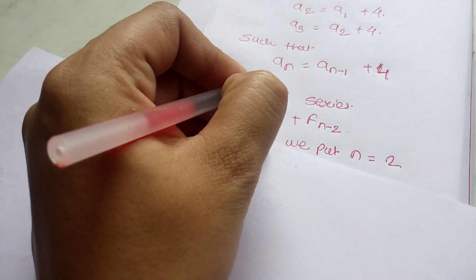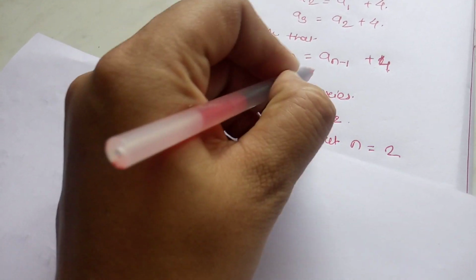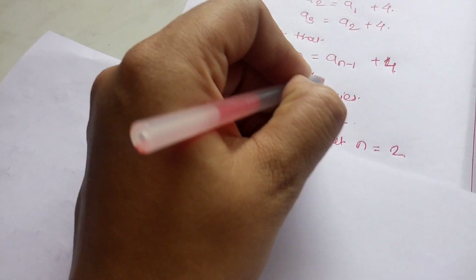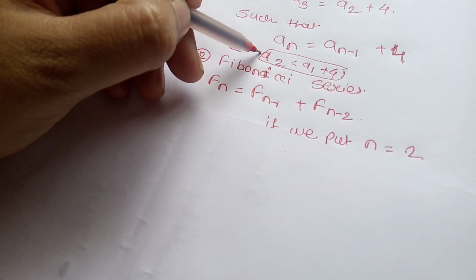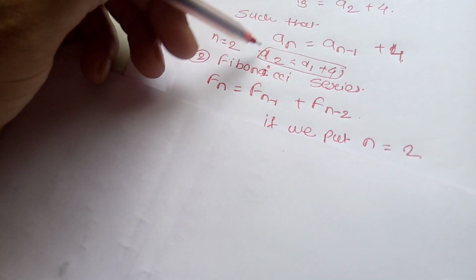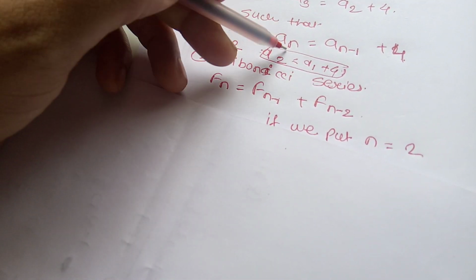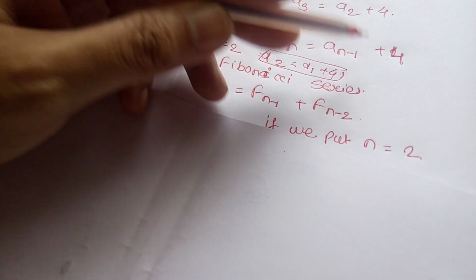So a2 is equal to an minus 1, that is a1 plus 4. So this is the recurrence relation for a2 that we can derive from an is equal to an minus 1 plus 4.